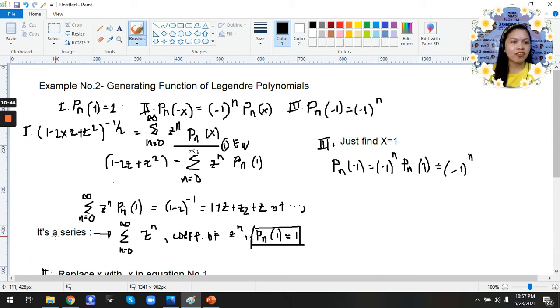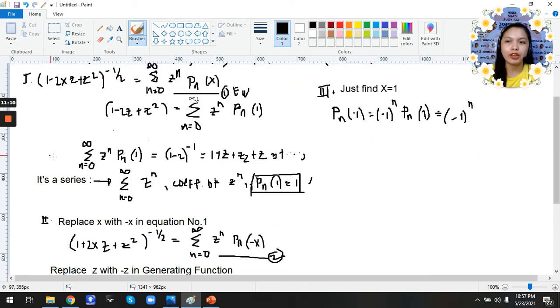That is a series. So the coefficient of z to the power of n is P sub n of 1, which is equal to 1. That is the proof that this is validated already. This is the answer for part 1.